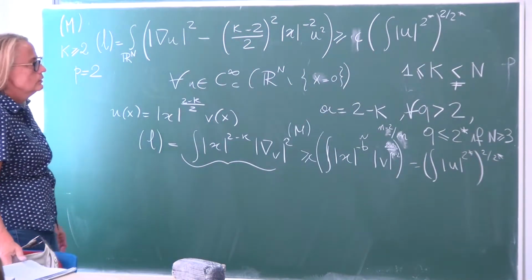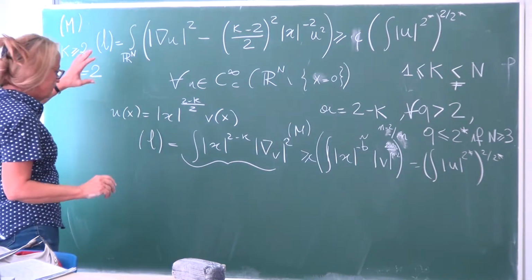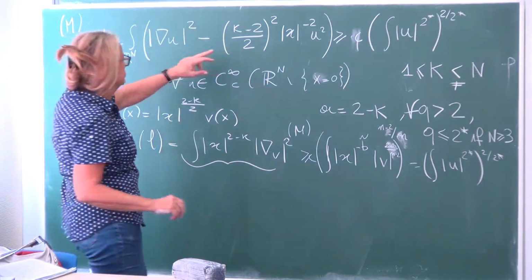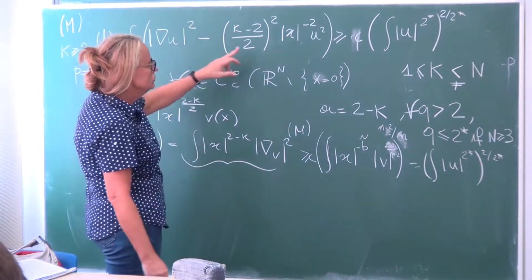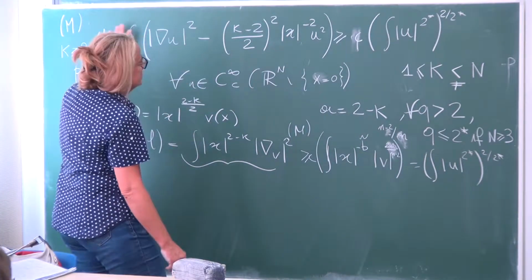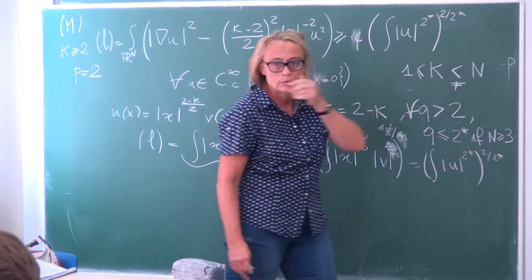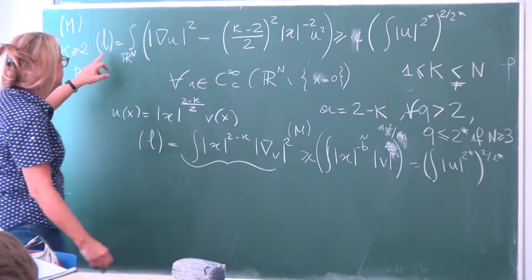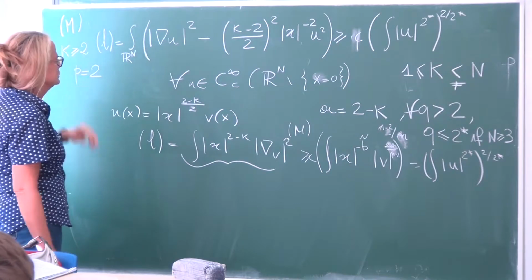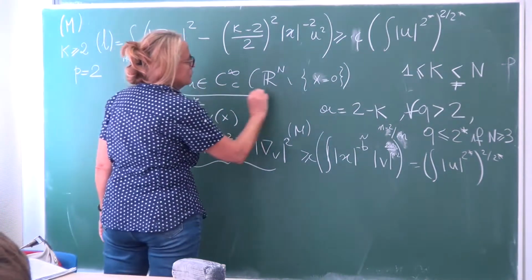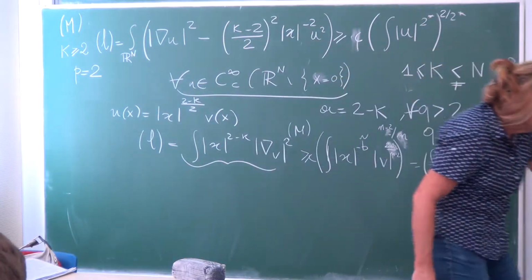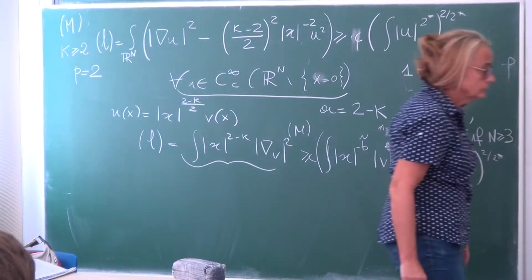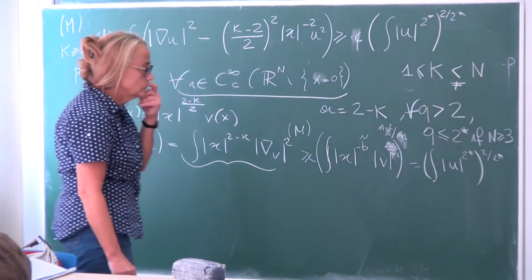Okay, so up to this transform, you get this inequality for any function u that vanishes on the singular set. For instance, you get this inequality for n equals 3 and k equals 1.